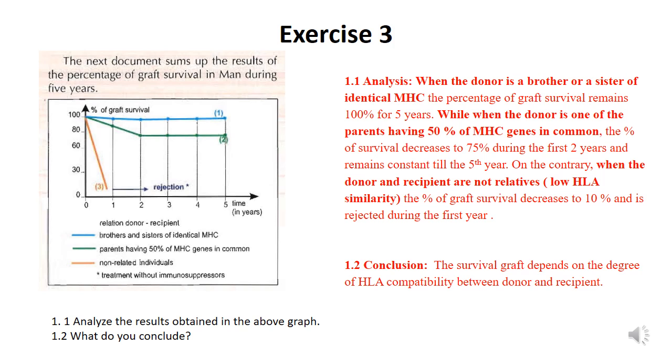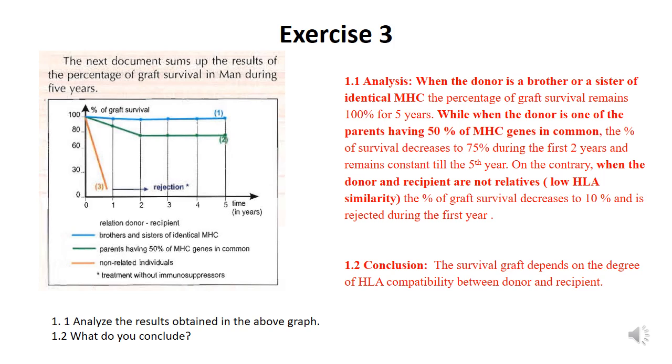It could be the case of the blue curve number 1, brothers and sisters of identical MHC, green parents having 50% of MHC genes in common, and in orange non-related individuals, which means 0% in common MHC genes between donor and recipient. And the star means that the treatment is done without immunosuppressors.